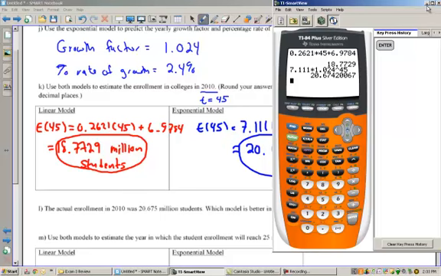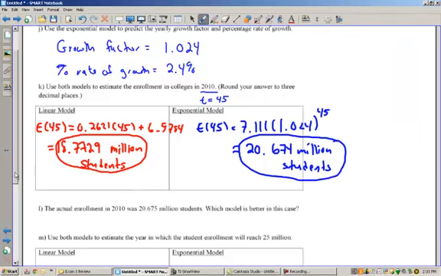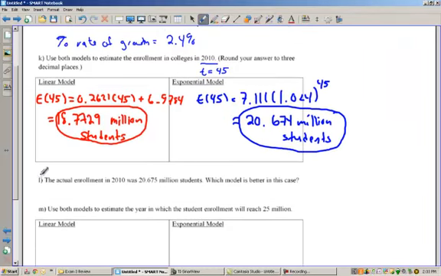Okay, and so now the next part, it's part L, it says the actual enrollment in 2010 was 20.675 million students. Which model is better in this case? So the linear predicted this amount, the exponential predicted that amount. So which color works better, red or blue?